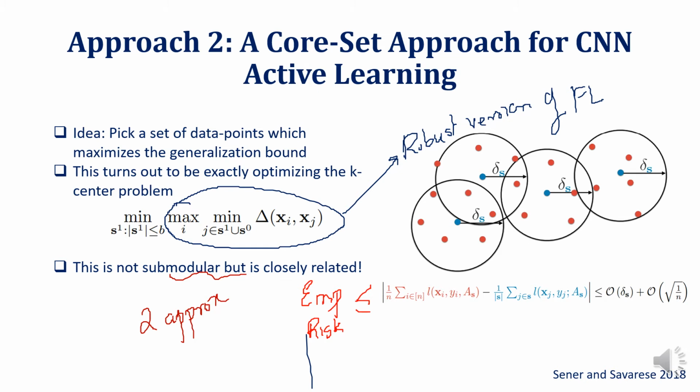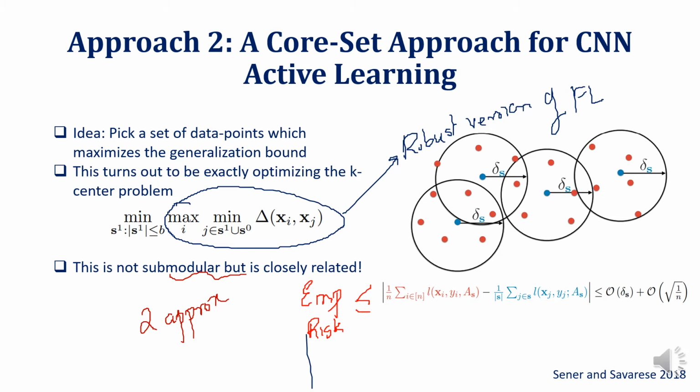So this gives you the core set loss, and it turns out that the problem of minimizing the upper bound is equivalent to picking a set of data points which maximizes this interesting objective, which is basically a robust version of facility location.